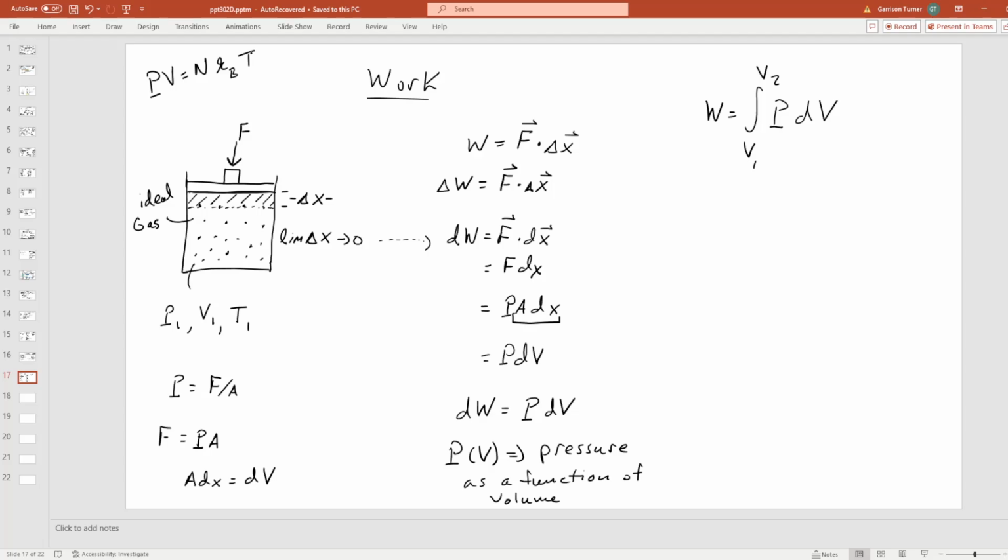You could use lowercase n times R times T. It doesn't matter. But the idea is that if I divide both sides by my volume, then my pressure is written as N k_B T divided by V. And now I have my pressure as a function of my volume, and I can now integrate.